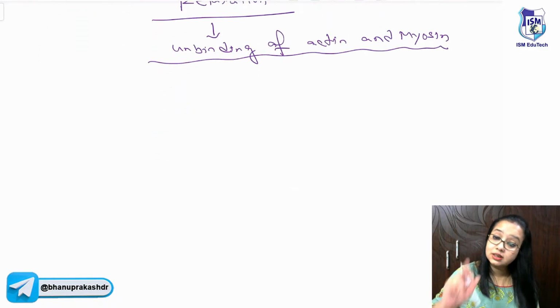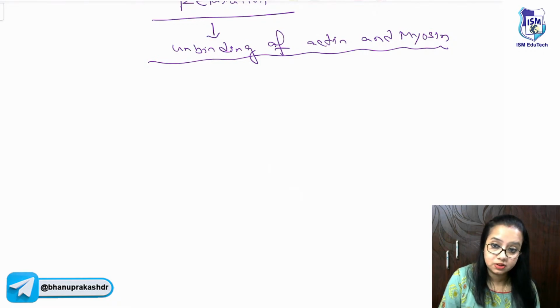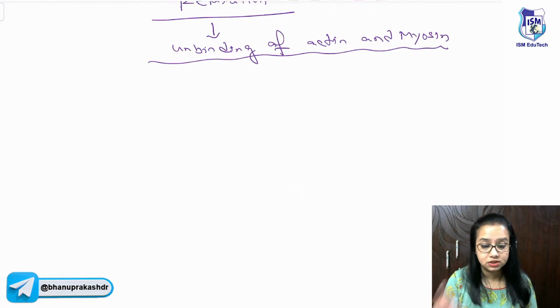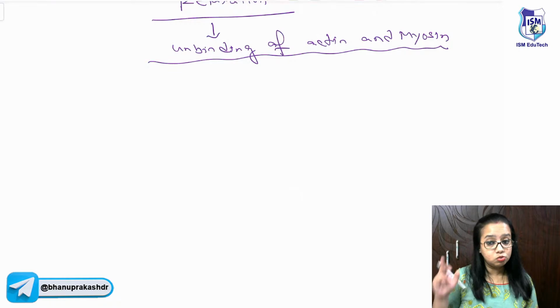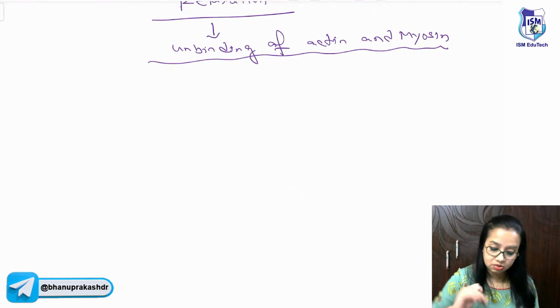For the contraction to happen, we needed one myosin, to make the myosin powerful, one breaking down of ATP, right? Now, to break the actomyosin complex, we need one ATP, but that ATP we don't need to break down.